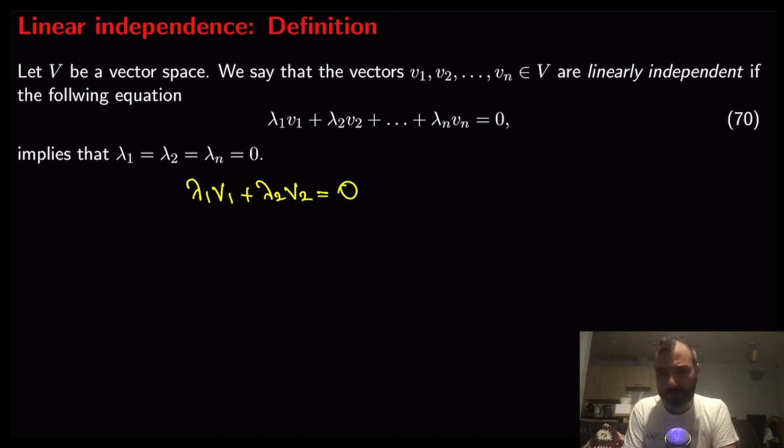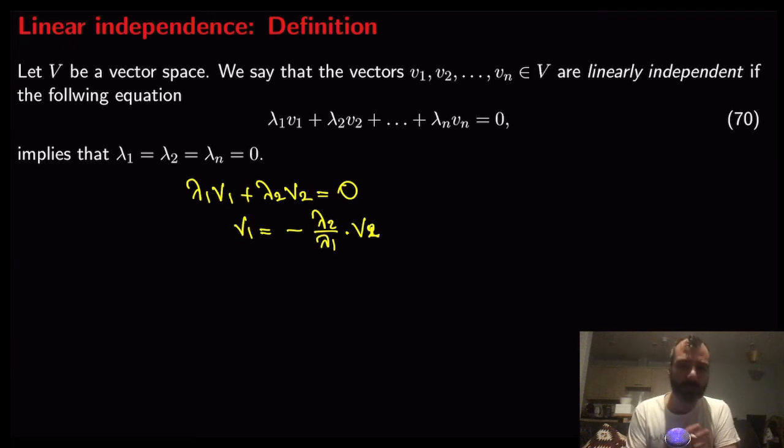You know what happens then? Then I can write v1 in terms of v2 like this: v1 is equal to minus lambda 2 divided by lambda 1 times v2. Sorry, this should have been v2 here. So v1 is a linear combination of v2.